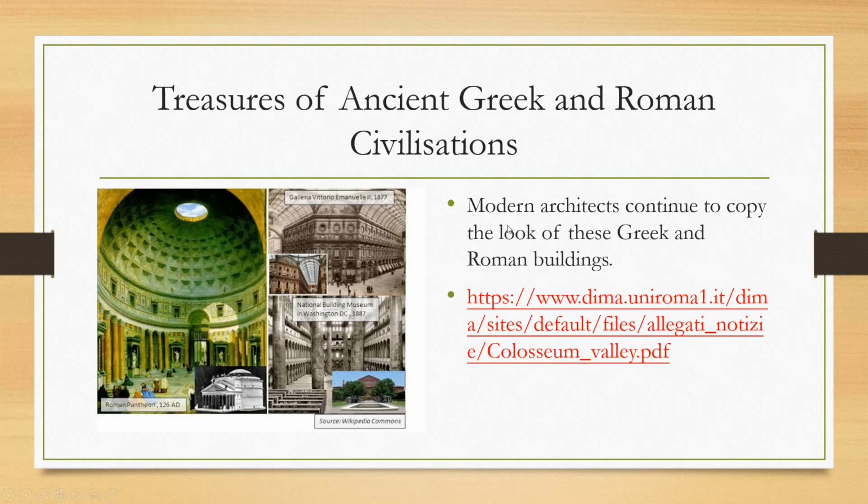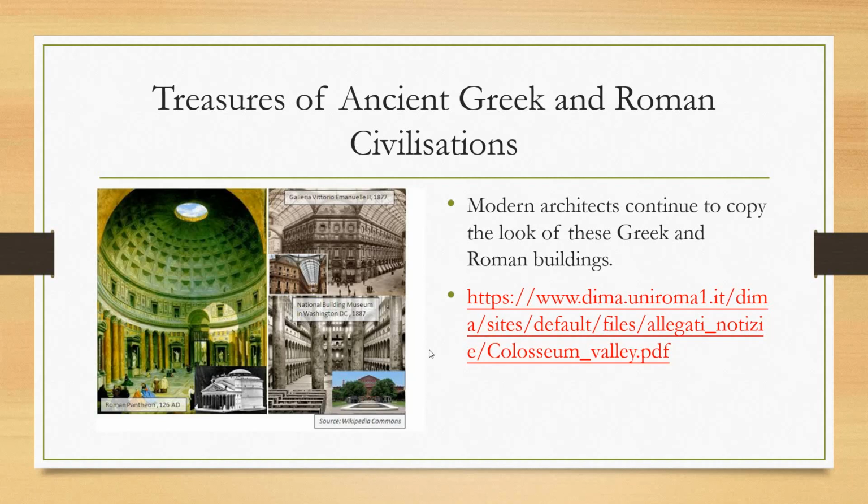And we can identify that modern architects also copied from the Greek and Roman buildings. Now, here is the evidence. From these pictures, we can tell that the ancient Greek and Roman civilizations did have a big impact on the subsequent civilizations.